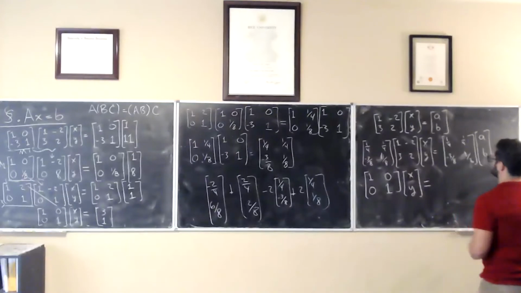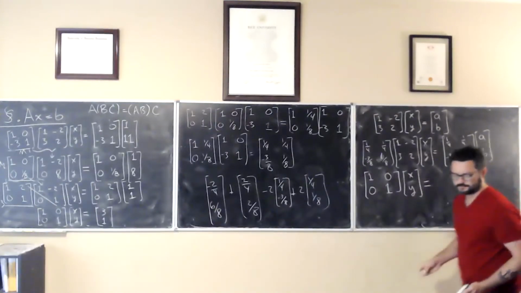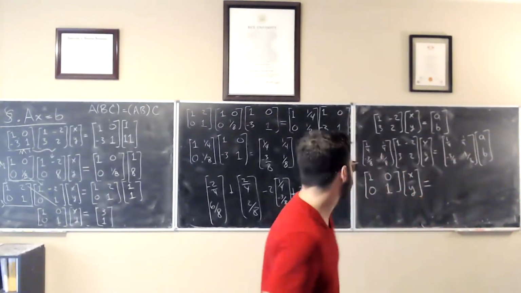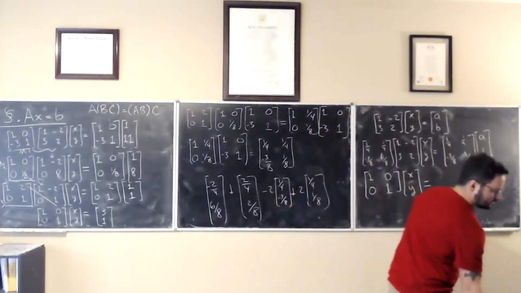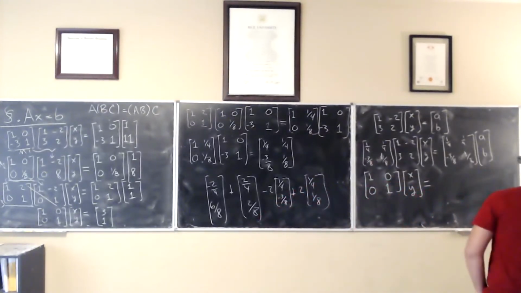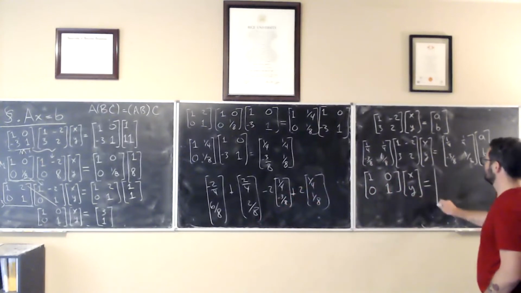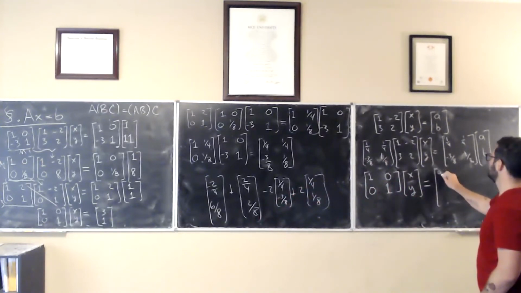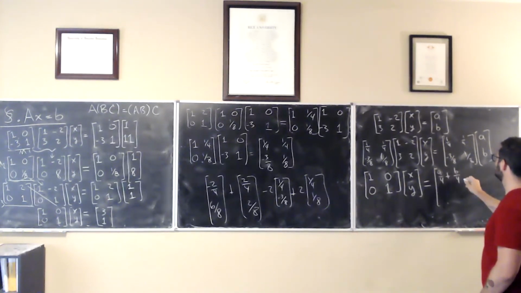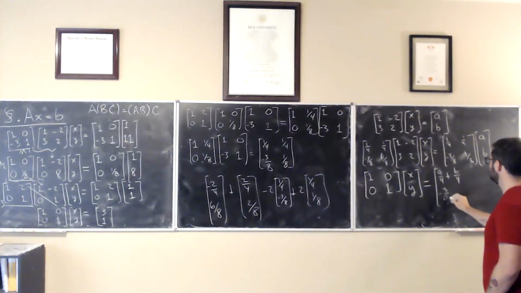And then what is this equal to? This is equal to a over 4 plus b over 4, and then -3a over 8.